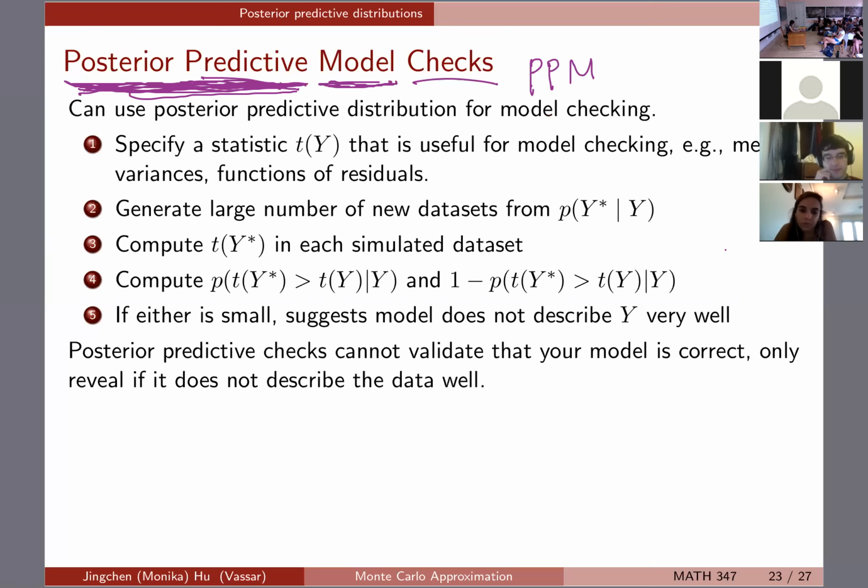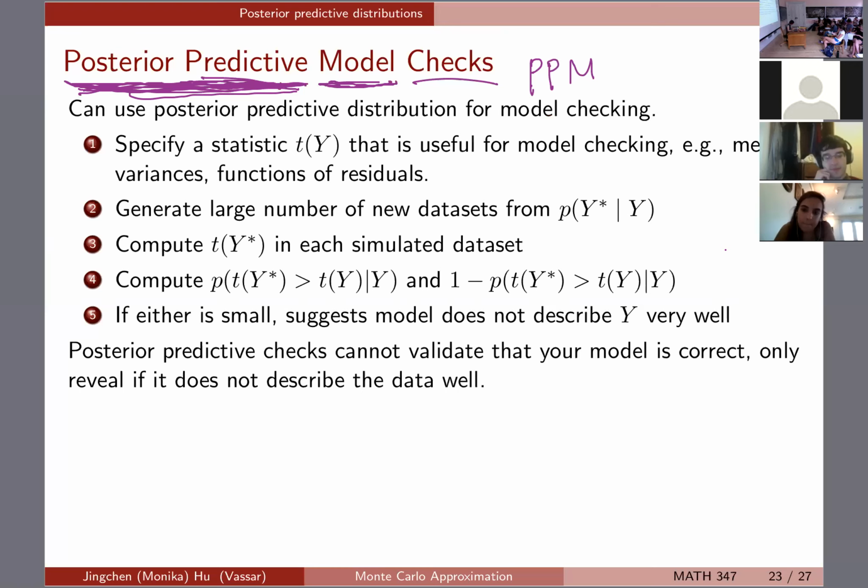There are so many possibilities for things to go wrong. And if your observed data is not that different from all of the predictions that you can make, maybe it's telling you that your model is doing an okay job.